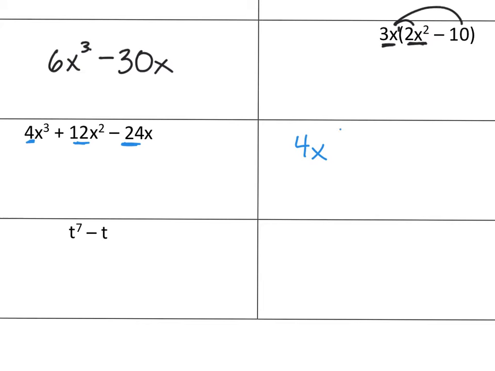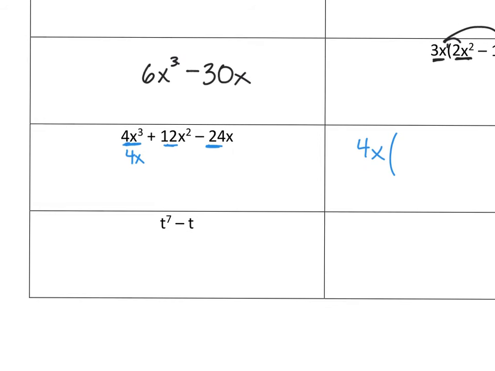Okay? Now we're going to have what's left in these parentheses. So my very first term, 4x to the third, when I take out a 4x, what's going to be left? What? So I'm taking out a 4x from my first term. Just x squared, good. Okay, that's because the 4's are going to cancel out.